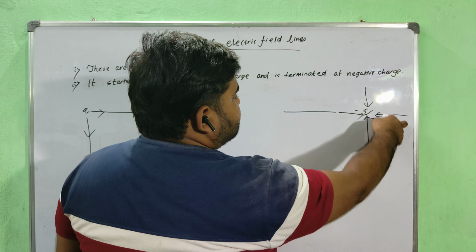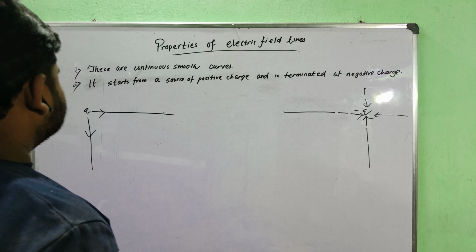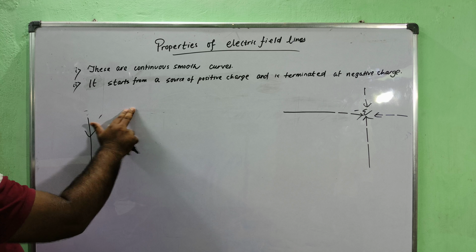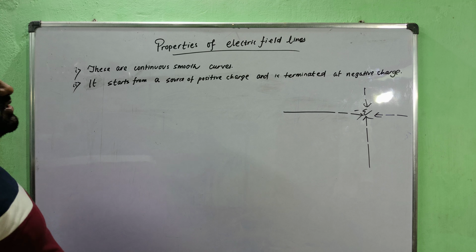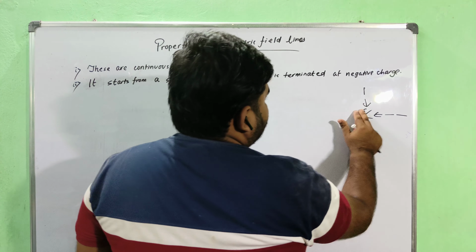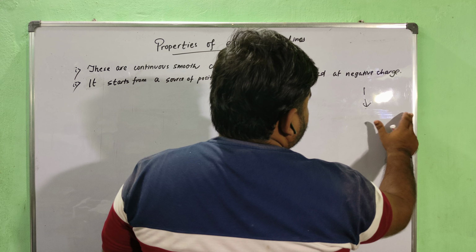So what is certain for you, that it is terminating at negative charge, and in this case what is certain for you, it is starting from the positive charge. Okay, so it starts from a source of positive charge and is terminated at a negative charge. They do not form closed loop.